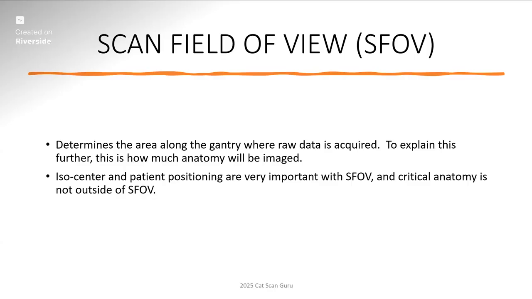Quick story, there was a patient that they were looking for this hernia, and every single time he got a scan, that part that they needed was always out of the scan field of view. So I said, okay, we're going to make this happen. I told the patient exactly what we were going to do and instructed him on how we were going to do it. I said, sir, I'm very sorry, but we really need to get this so they can treat you.